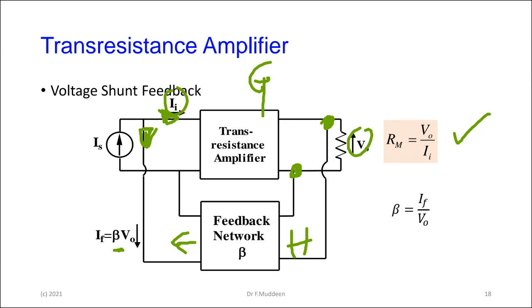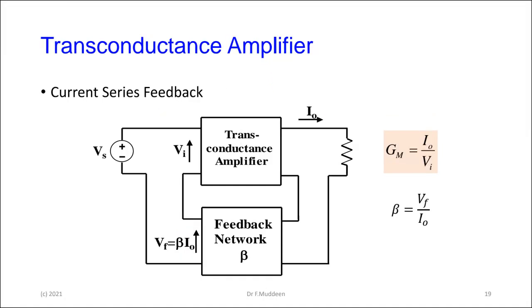So those are the two voltage feedbacks: the voltage series and the voltage shunt. Then current series. Now, remember what the transconductance amplifier does. We have G and H again in the feedback loop. A transconductance amplifier takes voltage in and gives me current out.